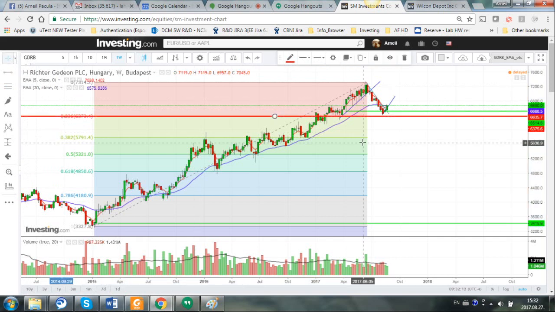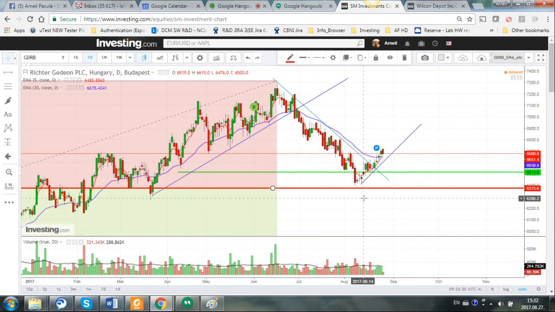Tingnan mo. 23.6. Nag-bounce back ngayon, di ba? Yan. So, hindi ko ibebenta unless mag-cross siya dito. So, yan. Hindi nga nag-cross. So, bumalik.